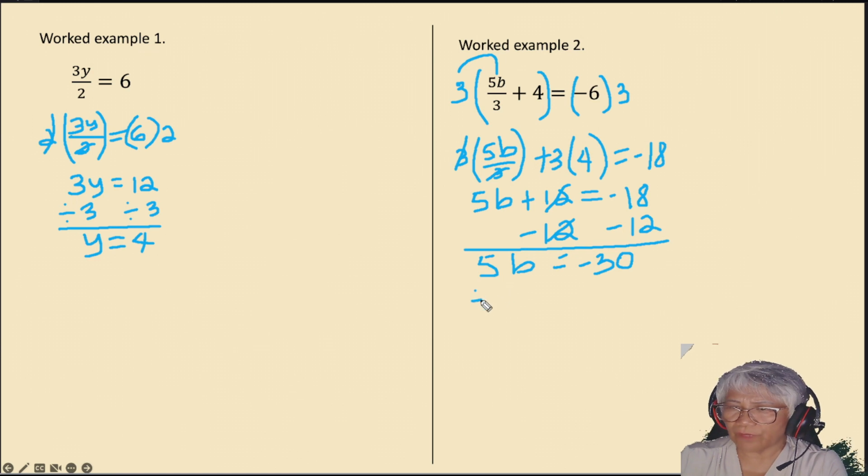So we divide it by 5 and divide it by 5. So you have 5 divided by 5 is 1, and so you have b remaining on the left is equal to negative 6.